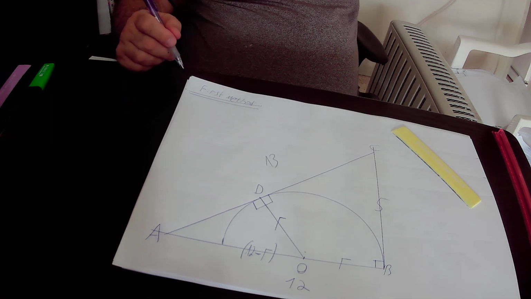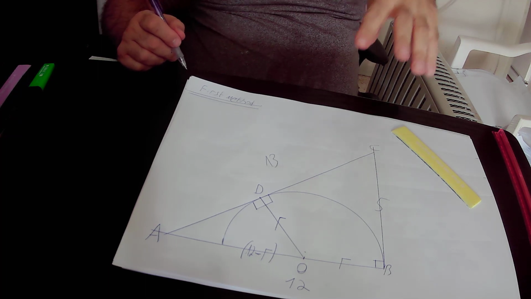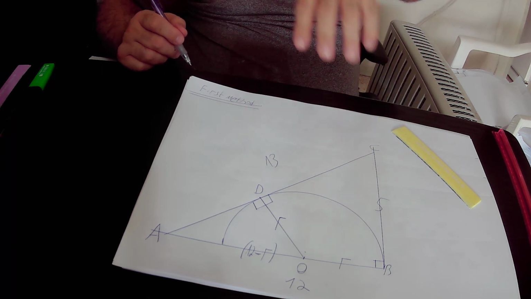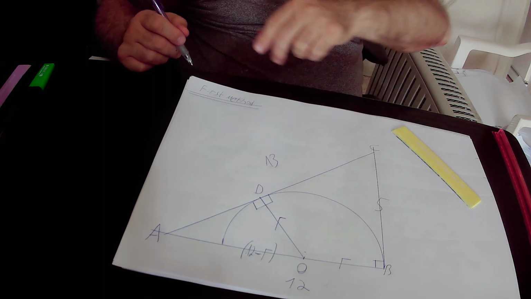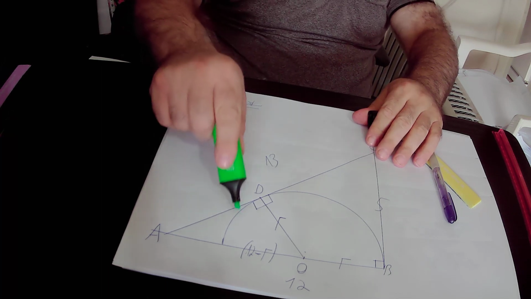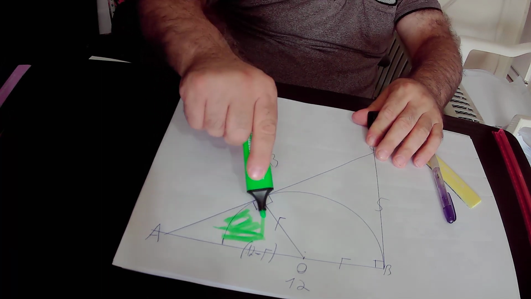And in the next step, we will prove that the right big triangle ABC is similar to the right small triangle ADO, the green small right triangle.